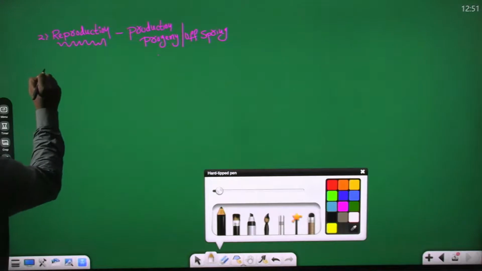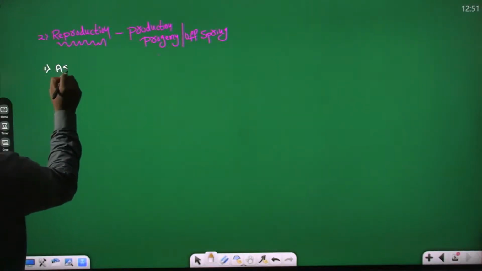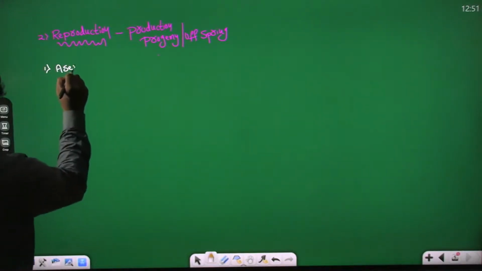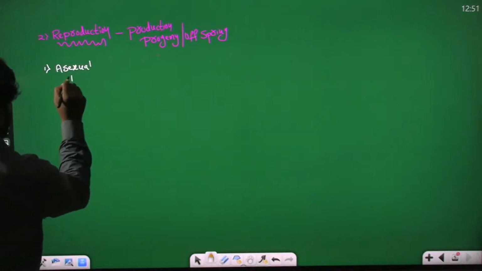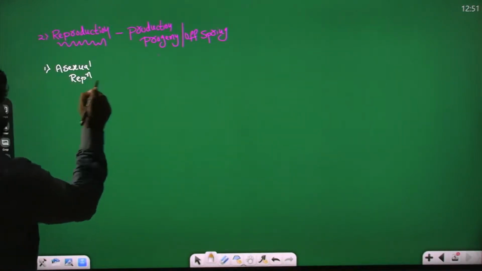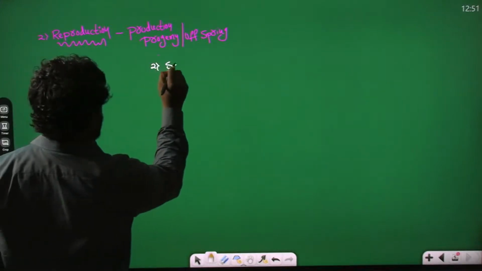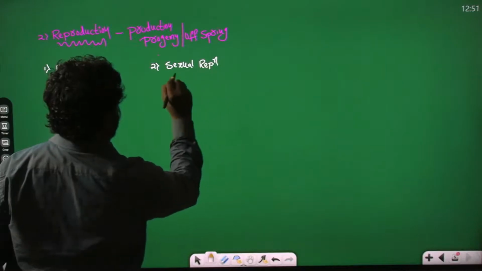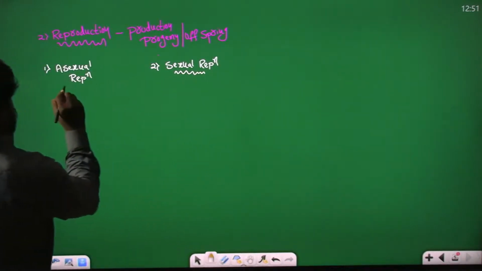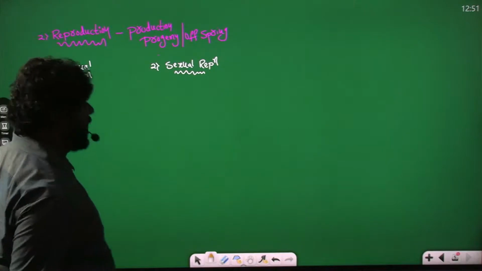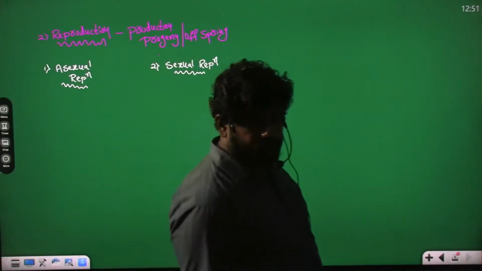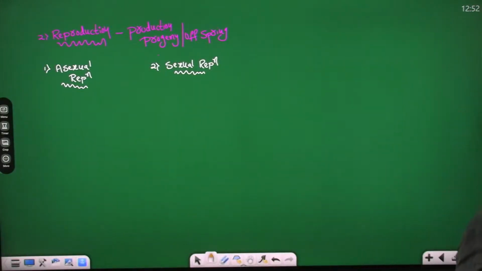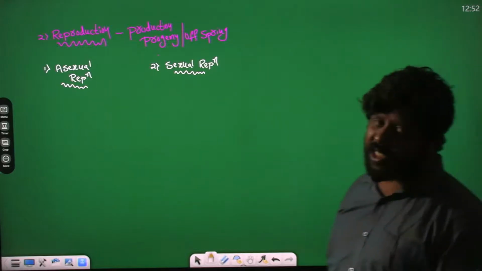Reproduction is mainly classified into two types. The first one is asexual reproduction and the second one is sexual reproduction.